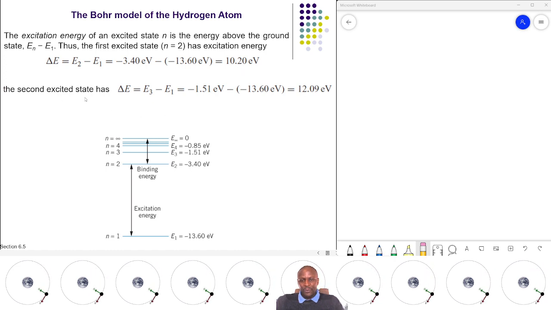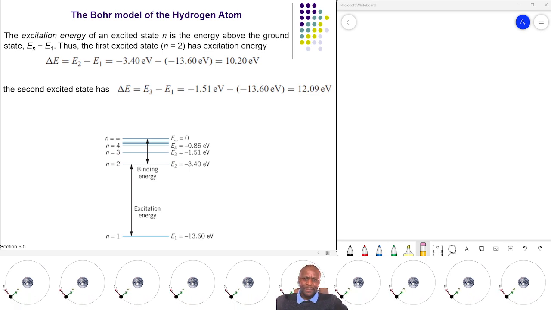And for the next state, the energy from E1 to E3 is just E3 minus E1. The excitation energy is the energy from this value there to here, which is equivalent to 12.09 electron volts.